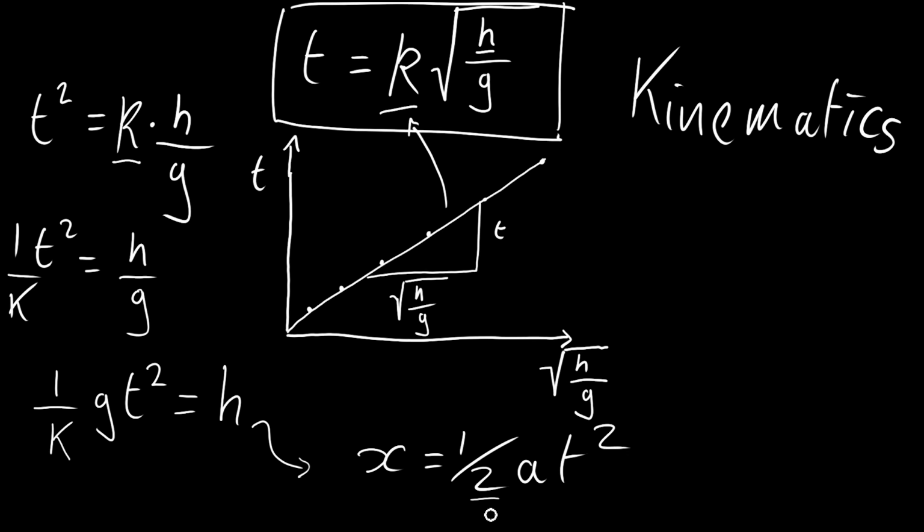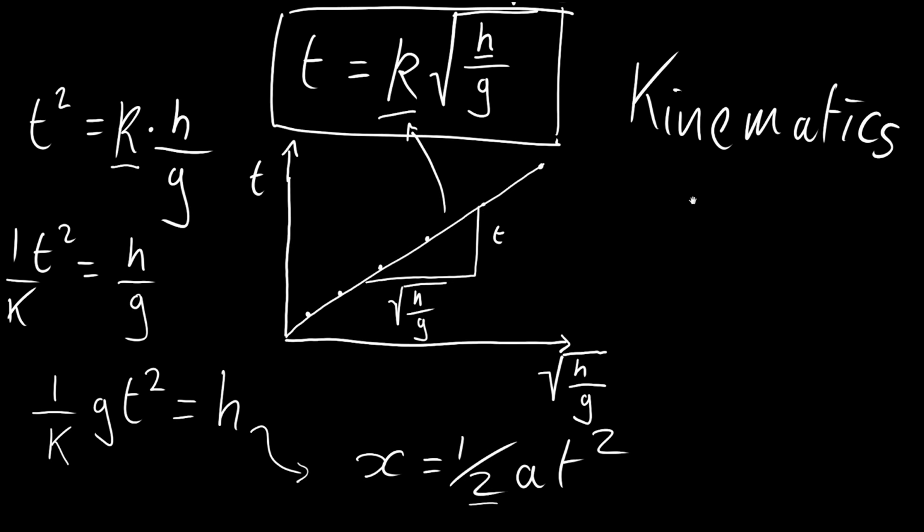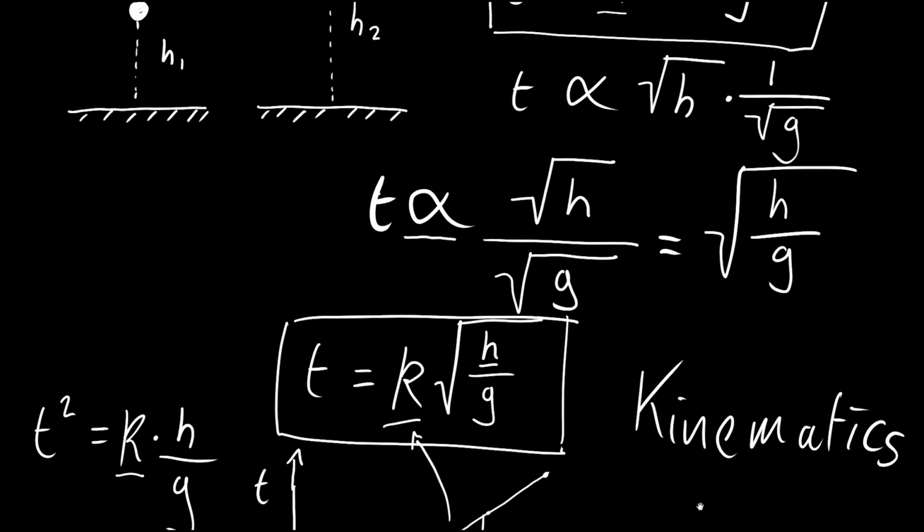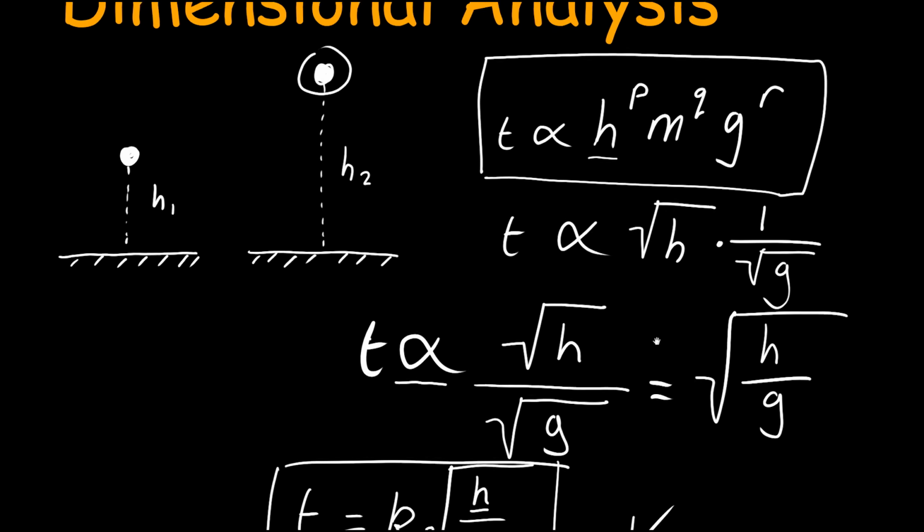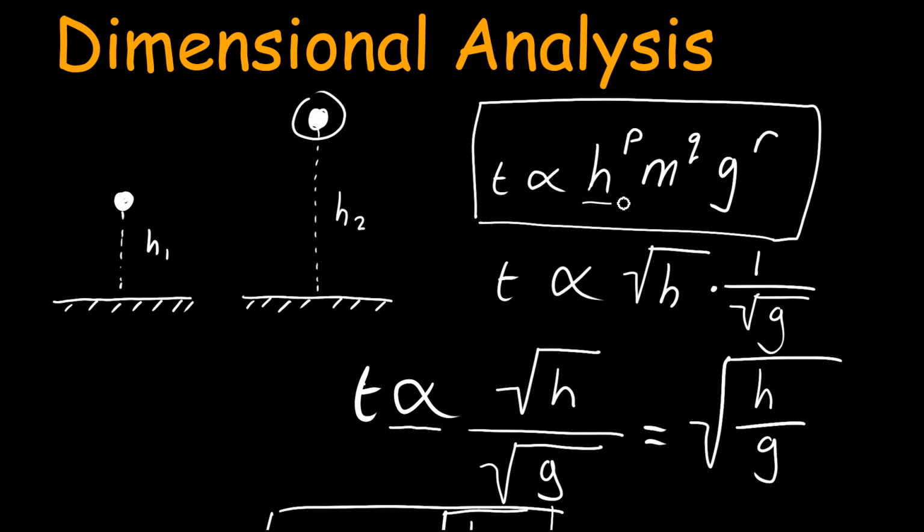Now, using dimensional analysis isn't perfect for deriving equations because we can miss out some physical quantities. For example, we decided up here at the top that time would be proportional to the height that the ball is from the ground, which seems obvious.